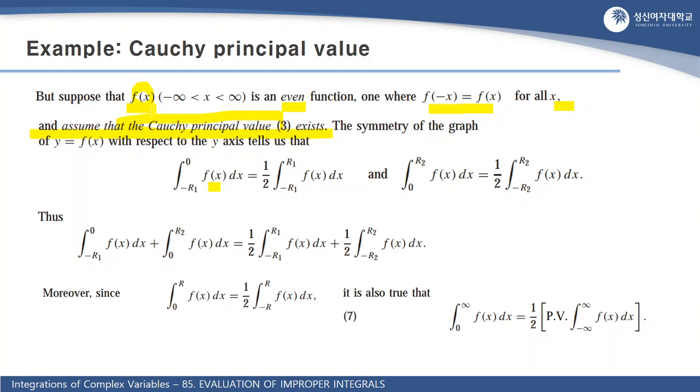To check it, first we suppose that f of x is defined from negative infinity to infinity.